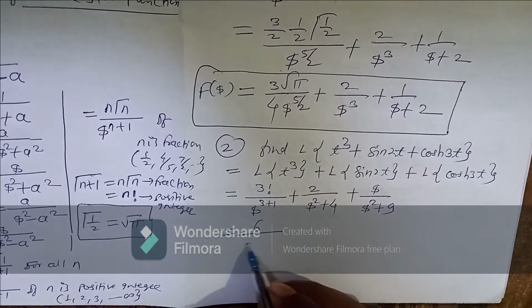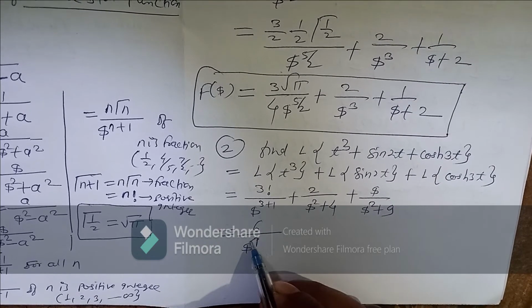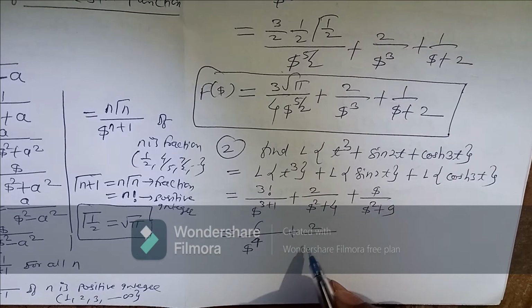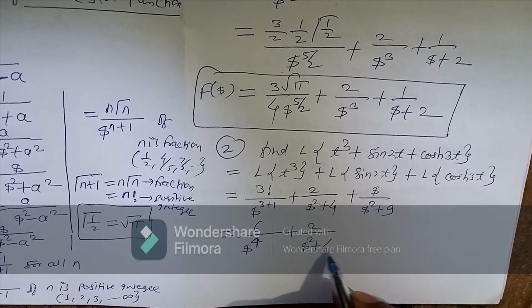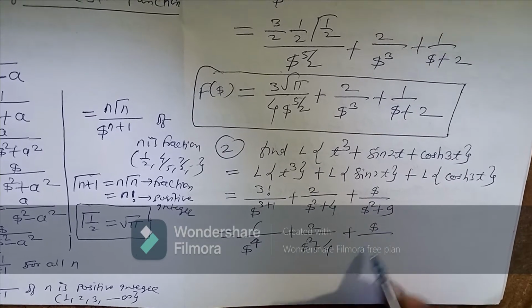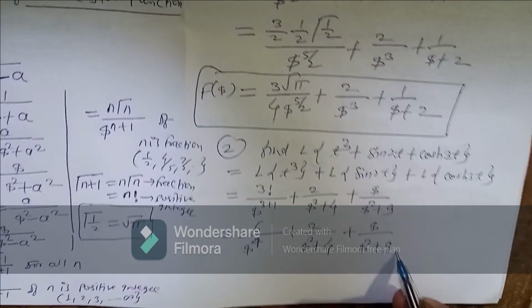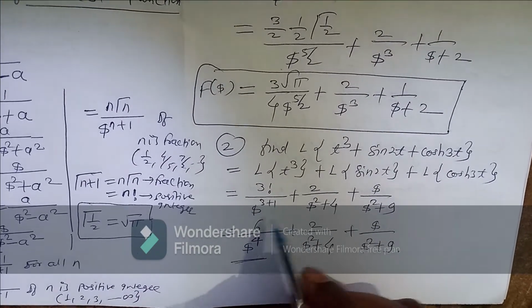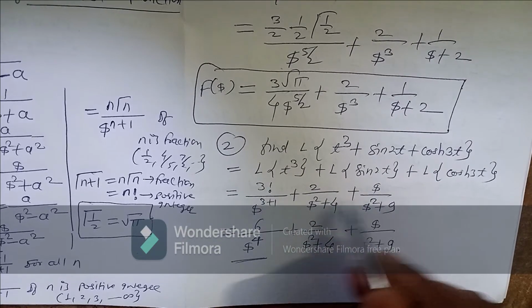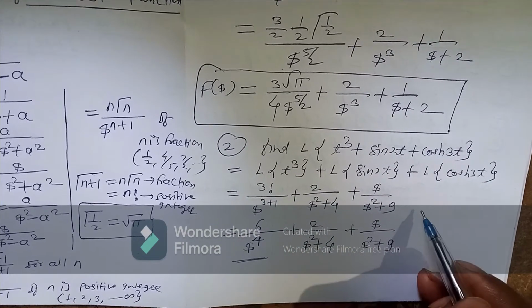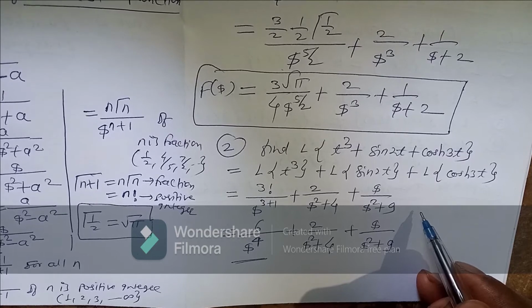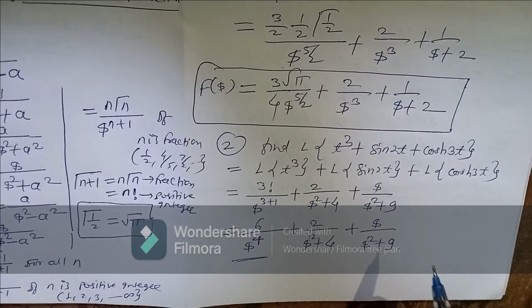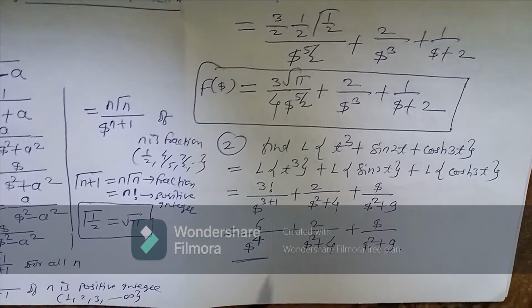That will be 6 upon s raised to 3 plus 1 is 4, plus 2 upon s square plus 4, plus s upon s square plus 9. Okay, so if you do not understand how this particular Laplace transform is taken, then please go to the first lecture and see that lecture carefully. Then and then only you can understand this particular example.